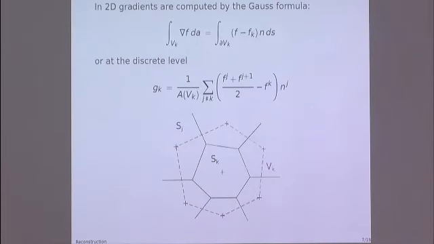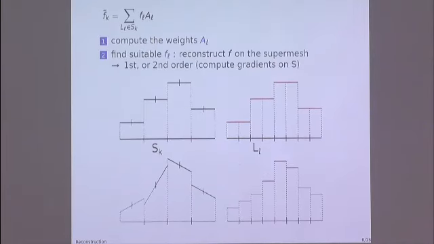So, of course, how do you compute the gradients? In 1D it's easy. You can do some finite difference here, possibly weighted by the area of the cell.